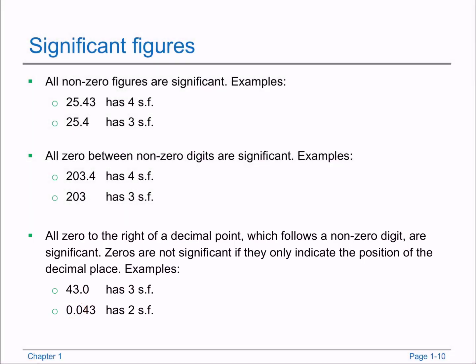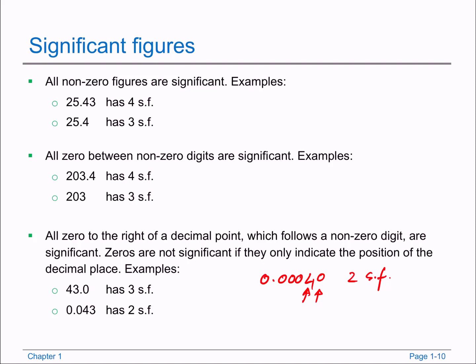Another example will be this number 0.00040. How many significant figures are there in this number? Now, this number carries 2 significant figures. Where do the 2 significant figures come from? They come from this number 4 and this number 0.